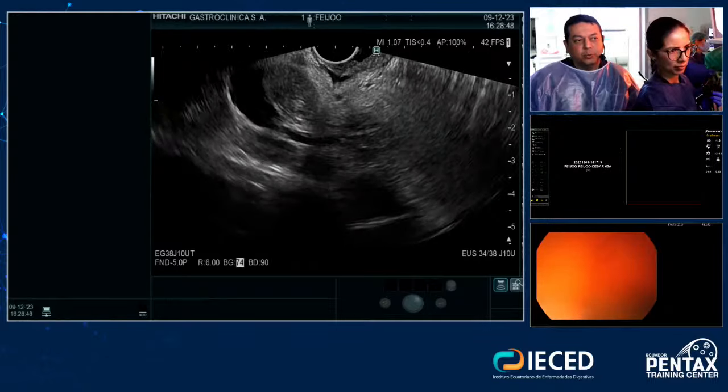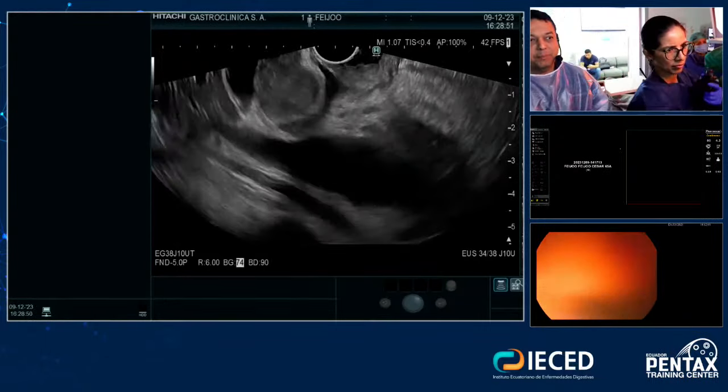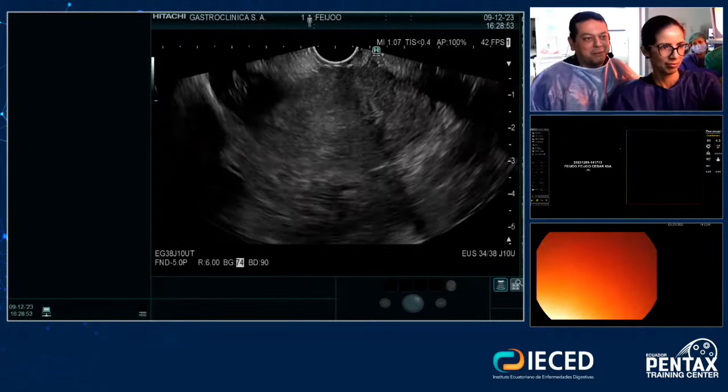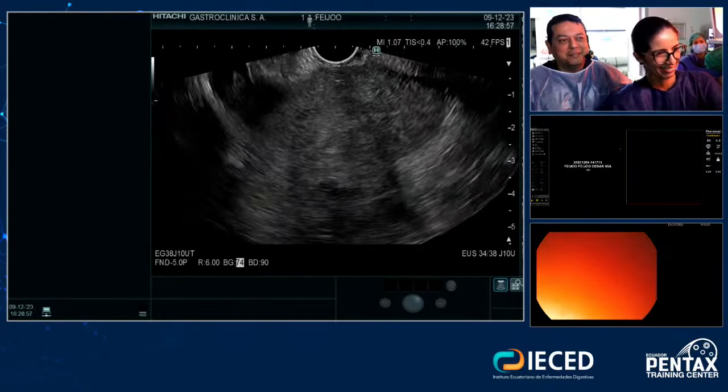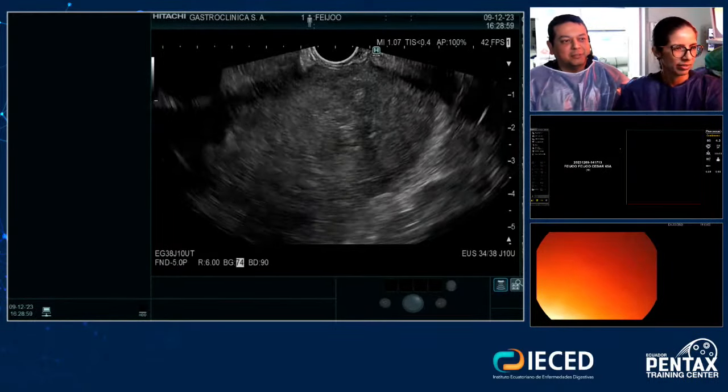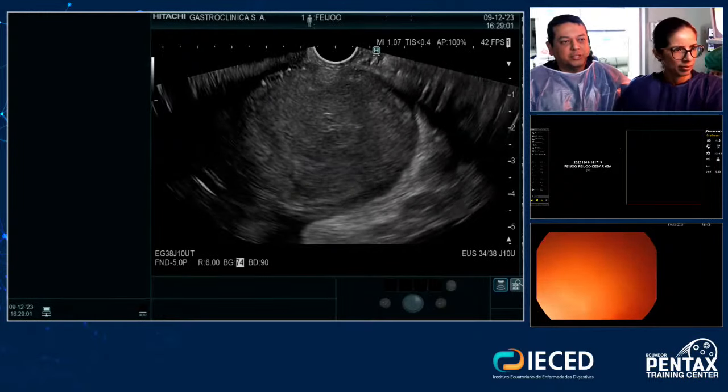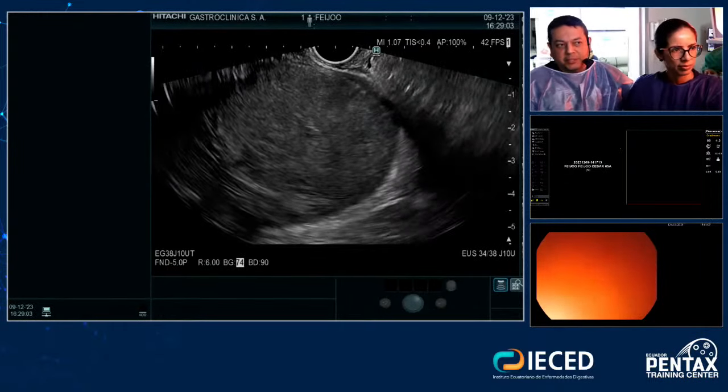This is a big tumor, a big mass. I have the pleasure to work with Dr. Raquel del Valle, a very nice endoscopist. She's showing us the gallbladder of this patient.